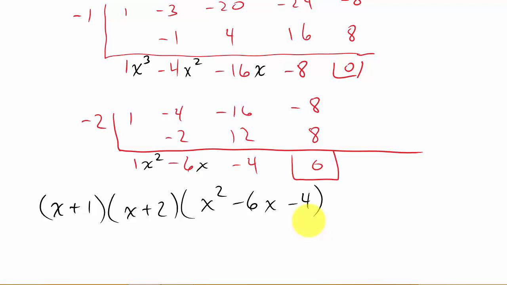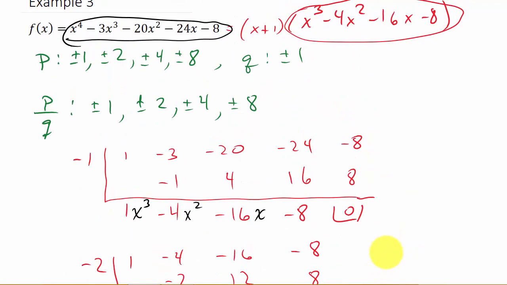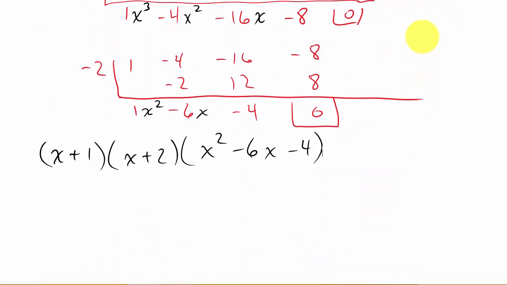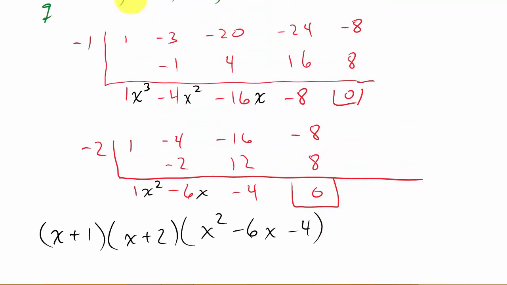See, we're just taking it step by step and factoring it. Like I said, there's one solution, there's the second solution, and that comes from these two factors. If we set each of these equal to 0, we would get negative 1 and negative 2. Now we need to solve this one.